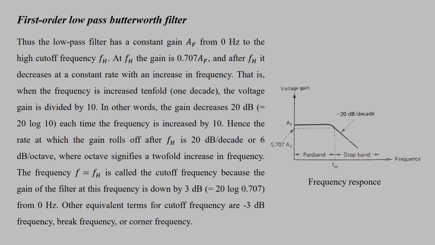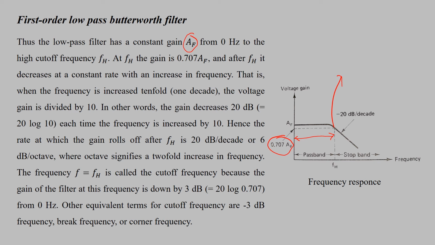Thus, the low pass filter has a constant gain AF from 0 to the high cutoff frequency FH, and at FH the gain becomes 0.707 of AF, and after FH it decreases at a constant rate with increase in frequency. That is, when the frequency is increased every 10-fold, the voltage gain is divided by 10.